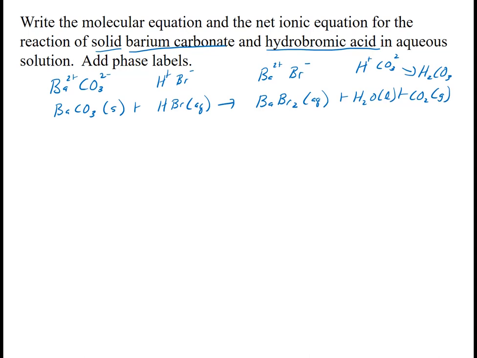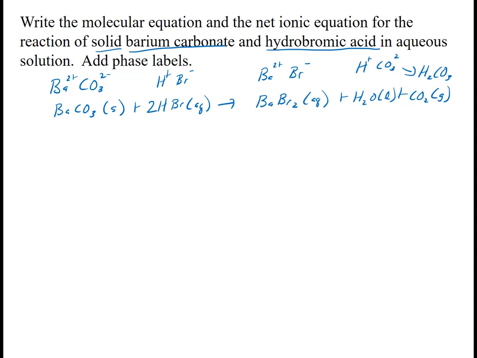Okay, now I need to balance it. I've got one barium, one carbon, and one carbon, 3 oxygens, and I have 1 plus the 2 is 3 oxygens, 1 hydrogen, 2 hydrogens, so I need to have a 2 here, and now 2 bromides and 2 bromides, so it's balanced.